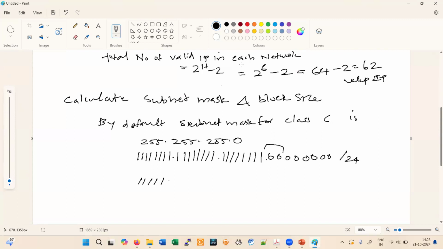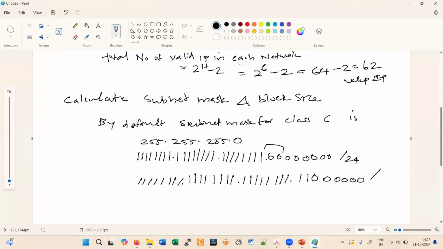So take the first 2 bits and make them the network part.